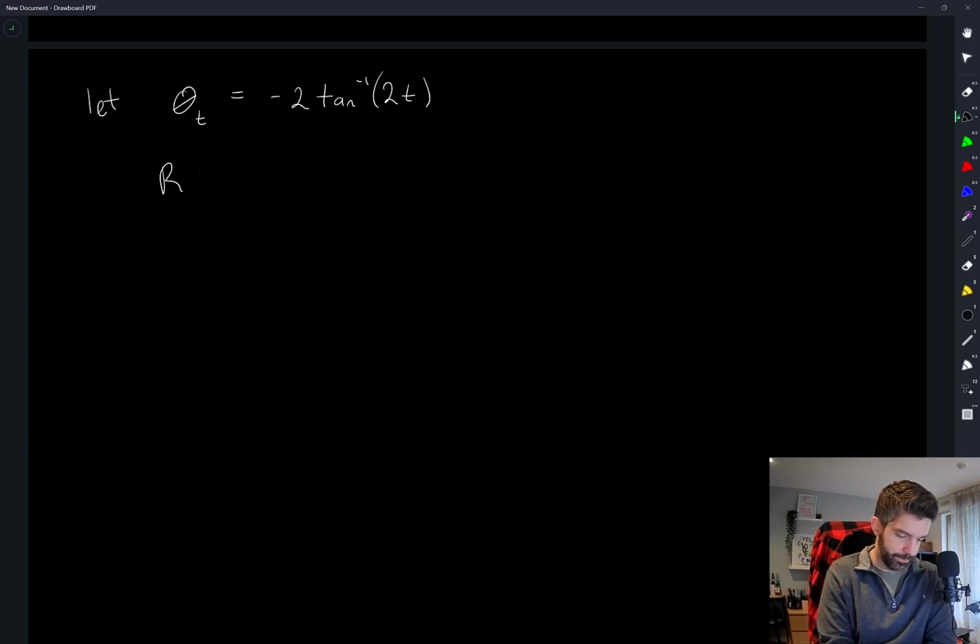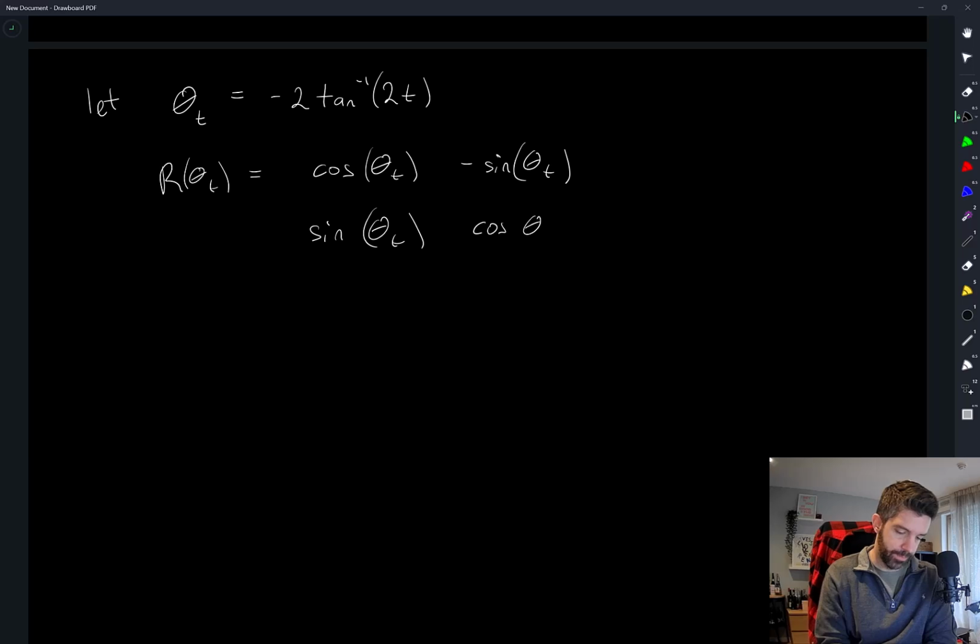R of theta t is a rotation matrix: cosine theta t, negative sine theta t, sine theta t, cosine theta t.